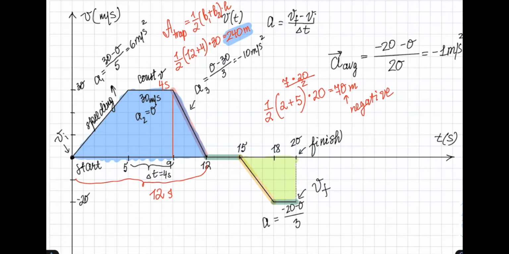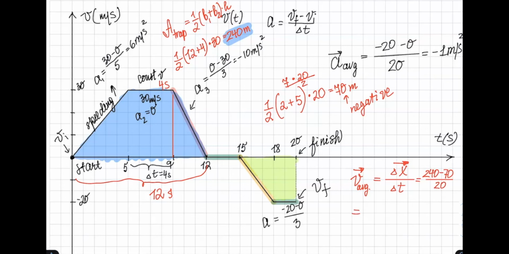If we're looking for v with an arrow, meaning that this is our average velocity, we will take our total displacement, so direction matters, over total time. Total displacement will be, we have 240 in the positive direction and then 70 in the negative direction, and the total time is 20.